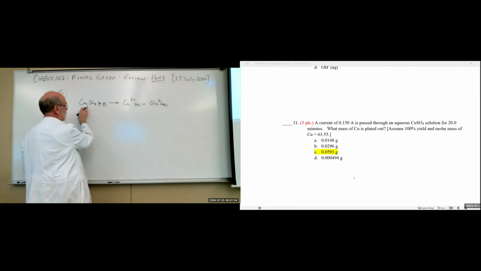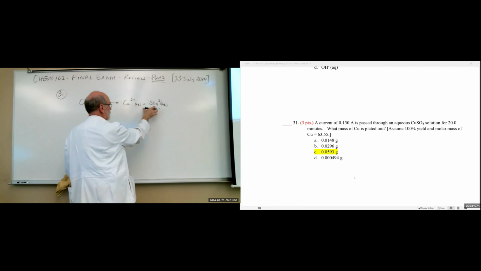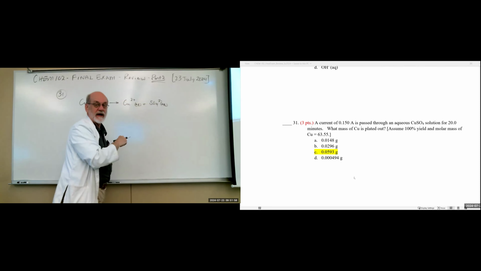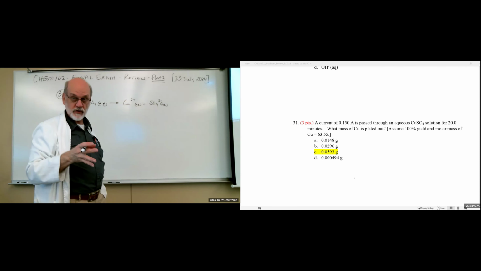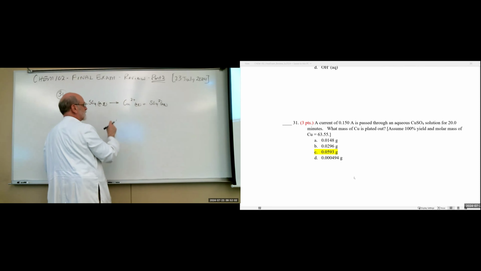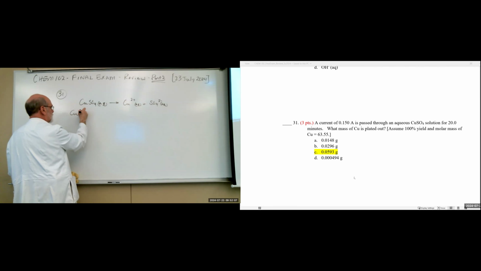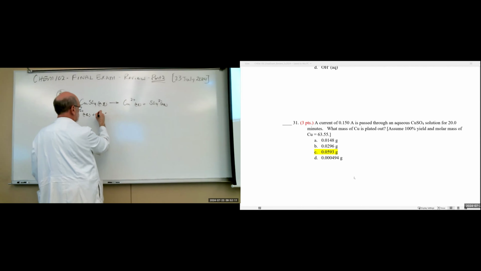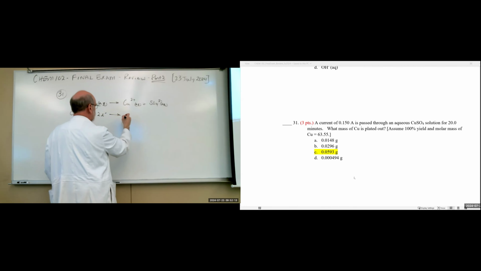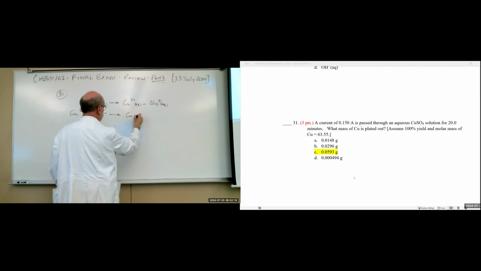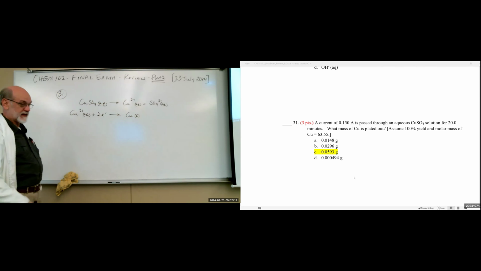That makes sense. We know that the sulfate ion is 2-, so copper has to be 2+. Now the reaction that we're interested in is Cu2+ aqueous plus some electrons yields copper metal. Okay, that's the one we want.